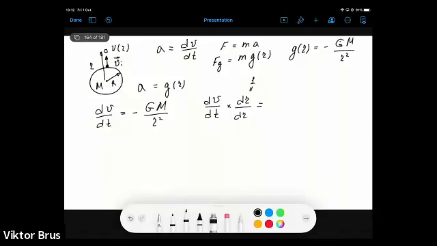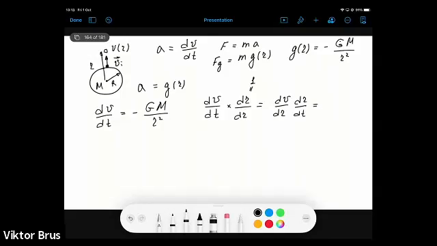dr by dt equals velocity. Okay, that's good. Here we will have dv over dr and dr over dt.